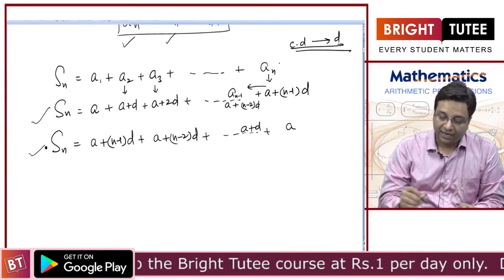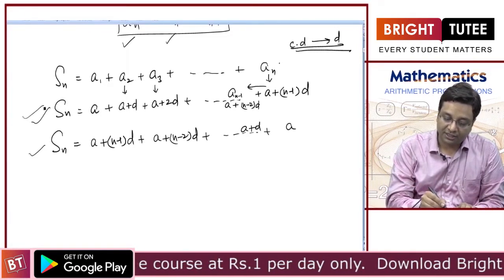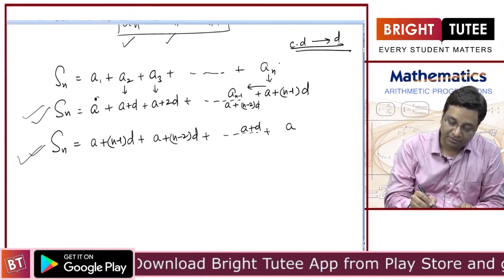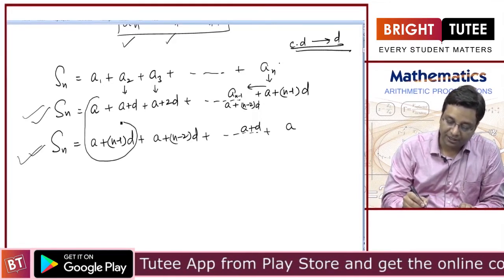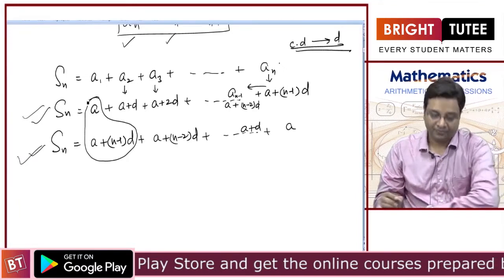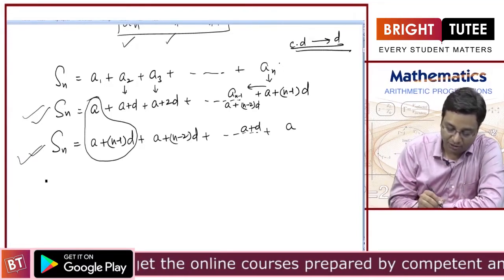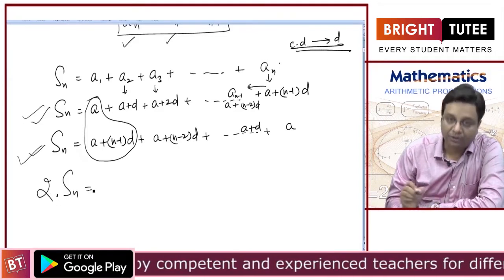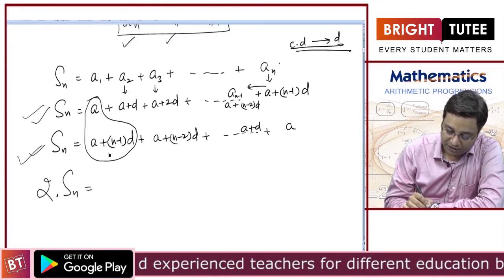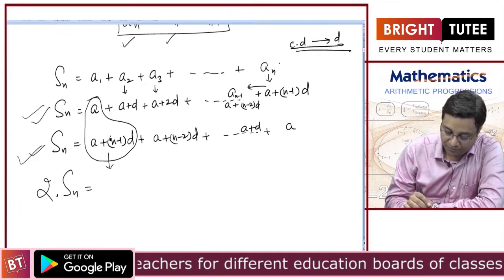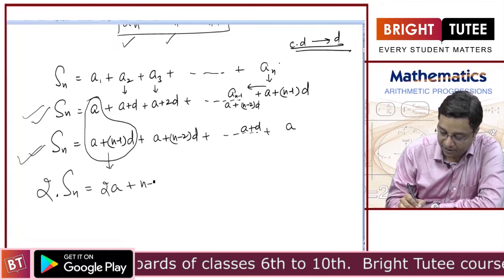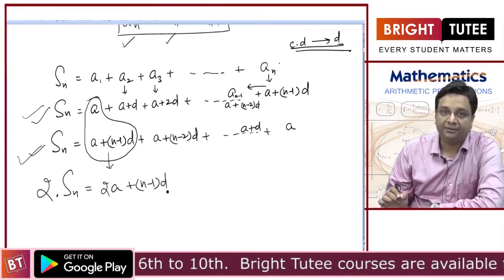So if I now add the first term of this expression with the first term of this expression, what will it give me? If I add these two equations, it will give me twice Sn equal to, what is the sum of the first terms of both these expressions? 2a plus (n minus 1) into d.